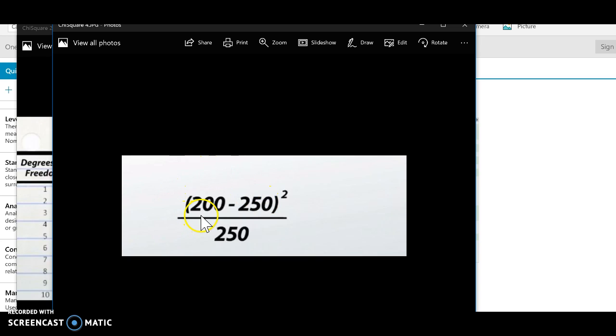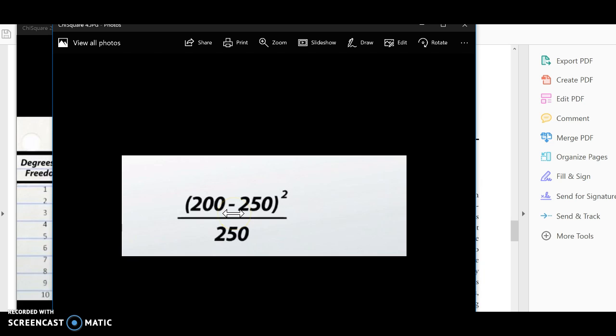So this is our observed, this is our expected. Now, using our formula, the answer to this, 200 minus 250 squared divided by 250, should be 10.